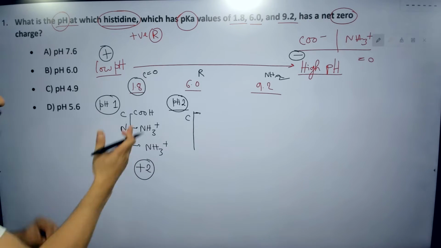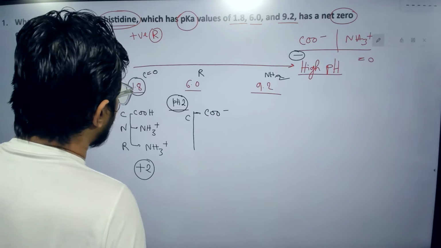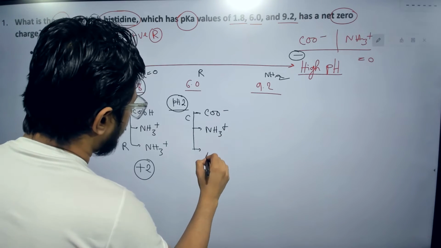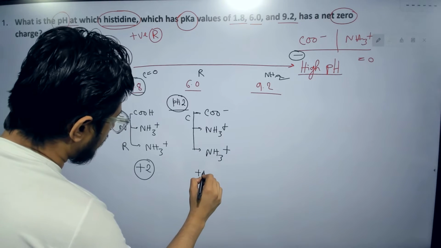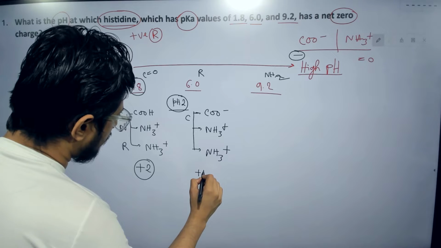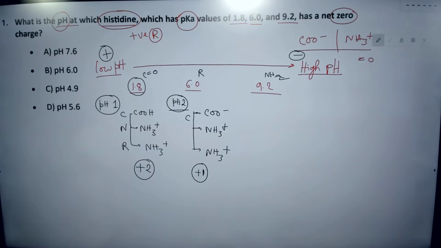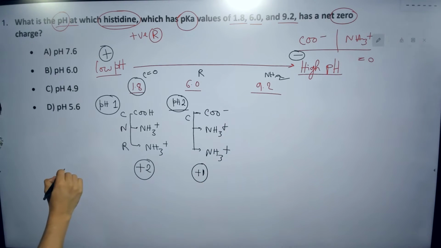So pH is more than pK, so it will be deprotonated. The rest of the two will be fully protonated. So what will be the charge here? +1, isn't it? Because +2 minus 1, total charge is +1. So let me write it here, net charge.